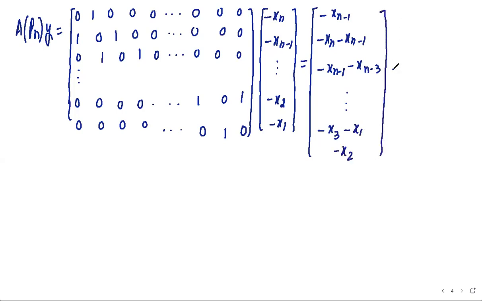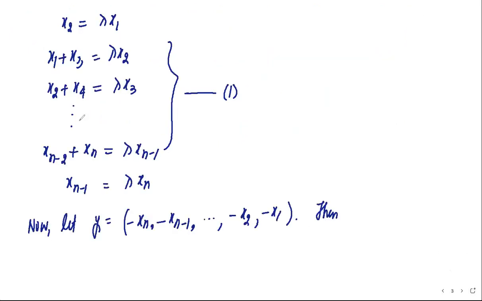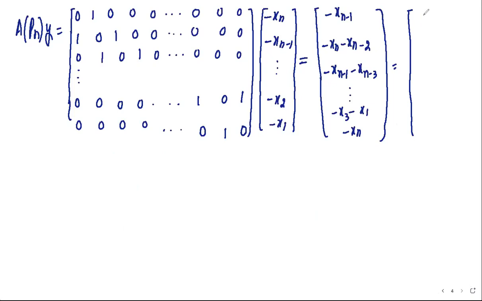Now looking at the values that we can obtain from the system of equations given by 1. Here xn minus 1 is lambda times xn. So here we have minus xn minus 1, which we can write as minus lambda times xn.